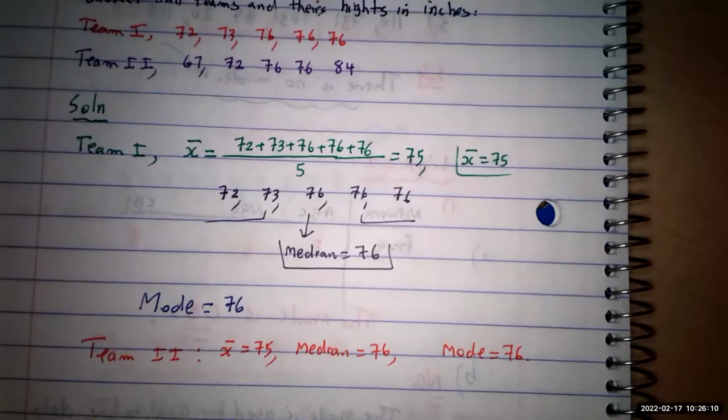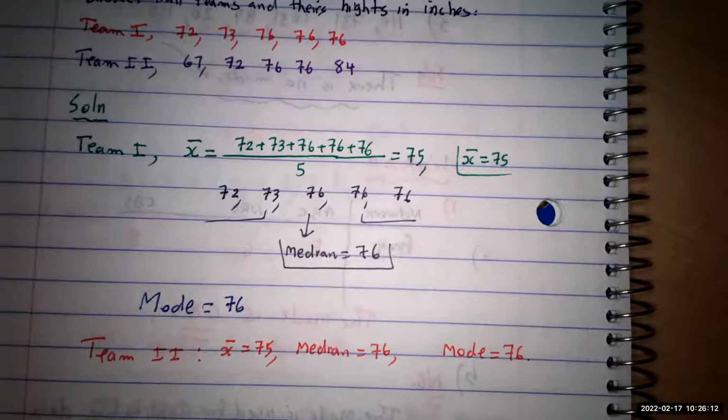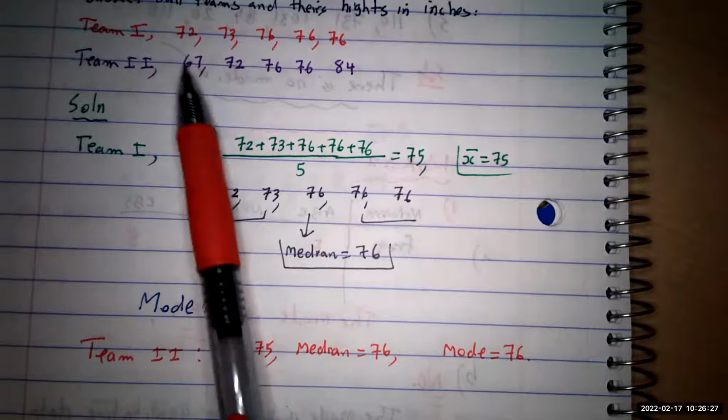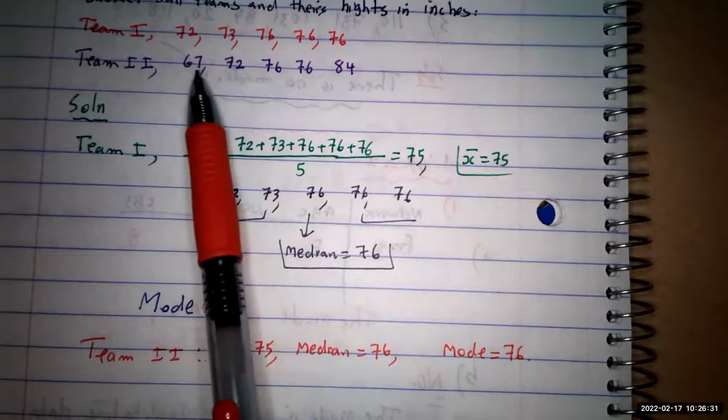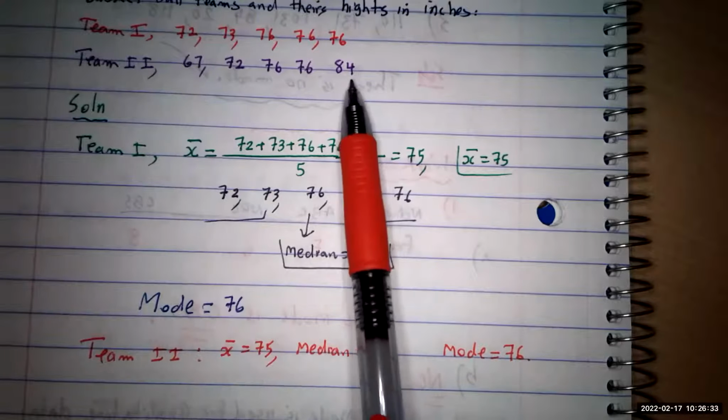See? So we have 2 different teams with different heights, but their measures of center are going to be the same. So if you want to compare these 2 together using these ideas, you are not going to get anywhere. Look at the second one: you have something like 67 over here and 84.